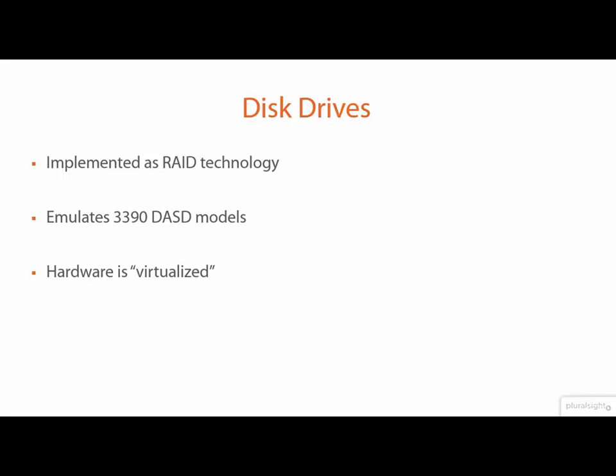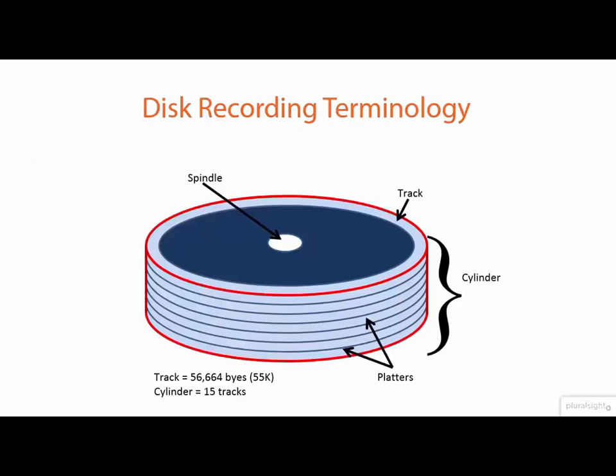Similarly, when we consider the evolution of disk technology, the original disks were actually a stack of platters providing multiple recording surfaces. The last such implementation was the IBM 3390 disk access storage device. Some of the relevant terminology was the concept of a track, which represented the data that could be stored on a platter surface for one full rotation of the disk.